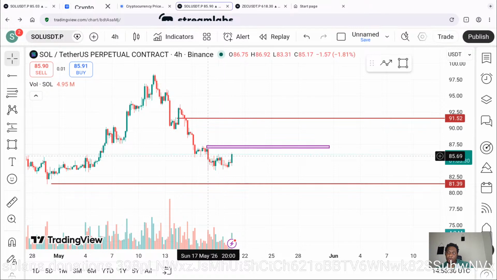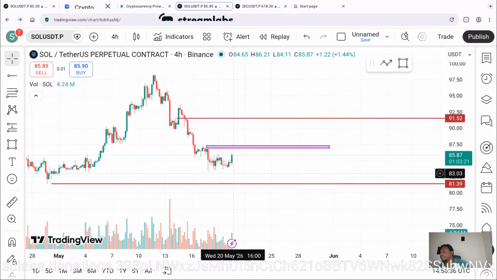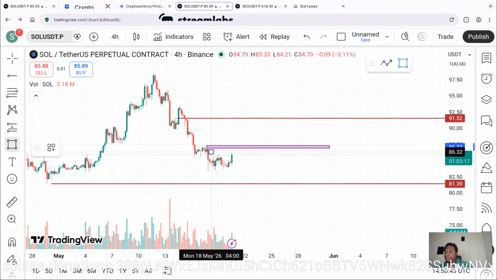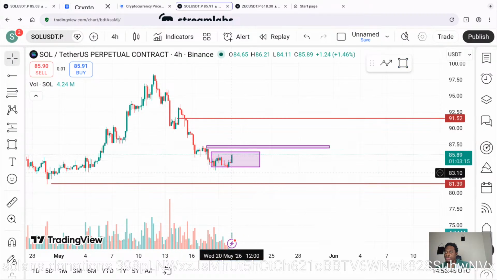But as you can see on a 4-hour time frame, it's still in a consolidation, isn't it? You can still see it. All these are still in a tight consolidation. So nothing's happened yet, basically. Nothing's changed for you to get involved in the market.